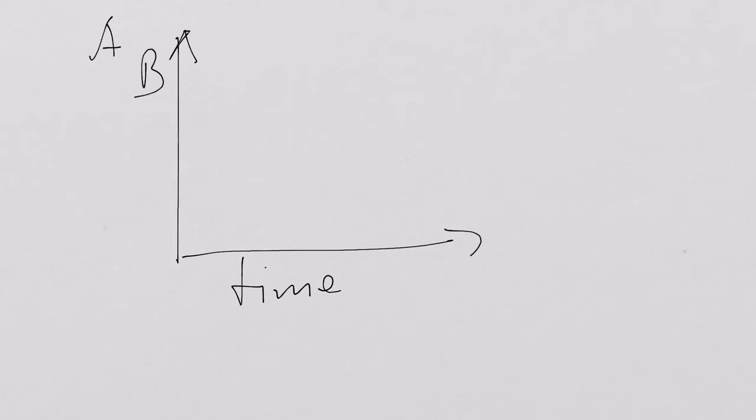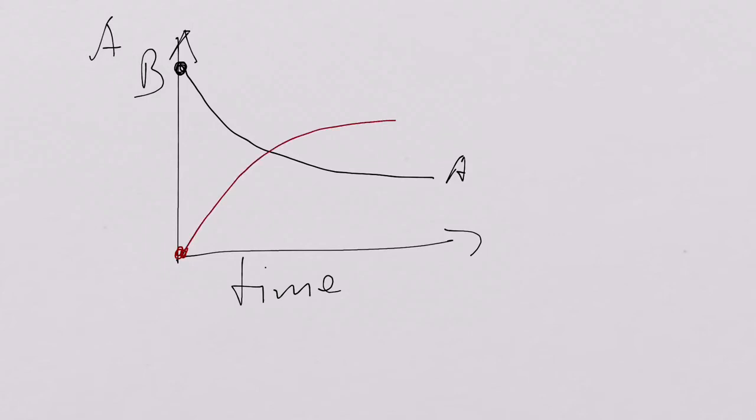So first of all, we only have A. So that would be A. We don't have any B present. But then we produce B. So it would look like that.